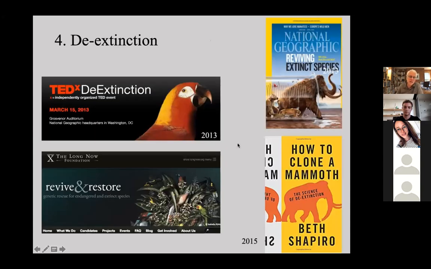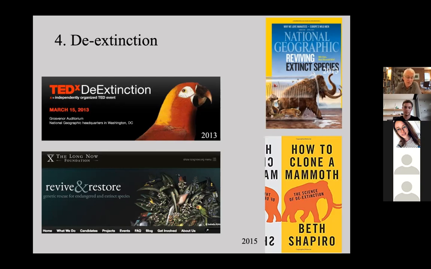And fourth and last, the one that catches all the headlines, which is what if you could bring species back from the dead, de-extinction. And there's been bits of work on this, lots of work. It picked up in 2013, it got the cover of National Geographic, which means that every journalist knows about the idea of bringing back extinct species. And of course, we all watched Jurassic Park, so we all know about that sort of story.